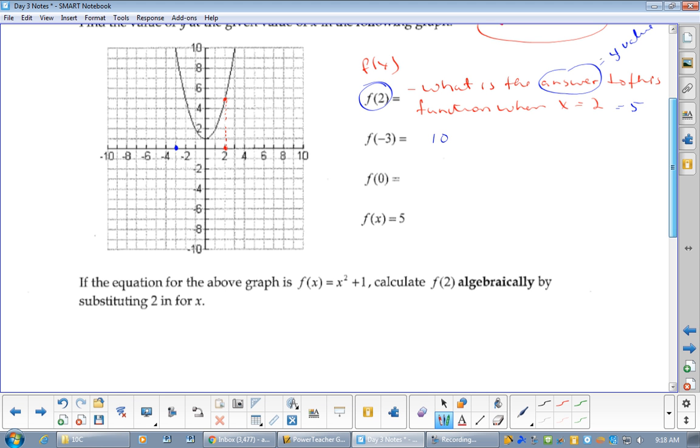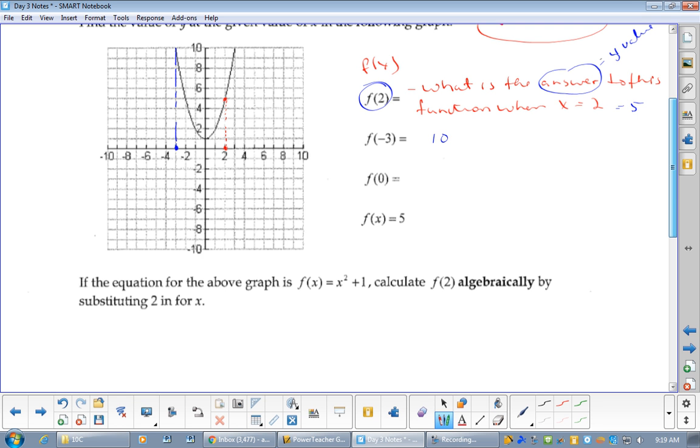What is the y value on the graph when x equals -3? You follow it up till you actually hit the graph, and it would be at 10. And like Zach was saying, we're going to do it with the equation in a second.